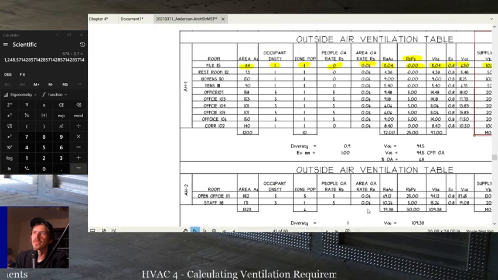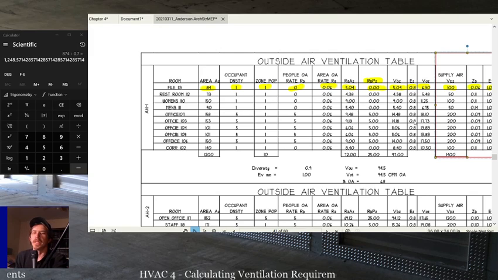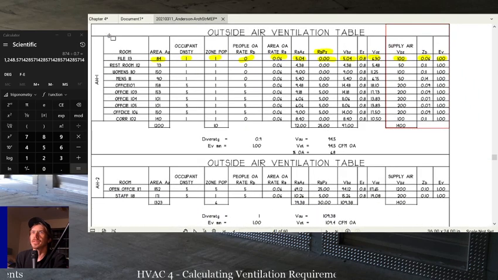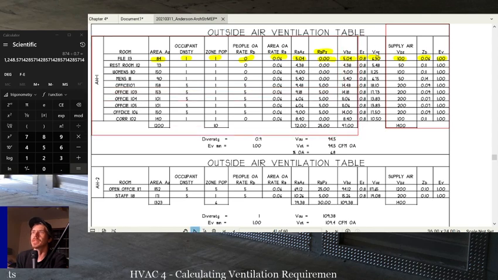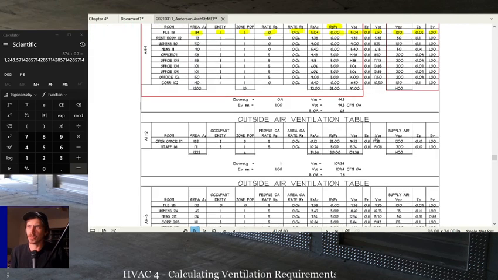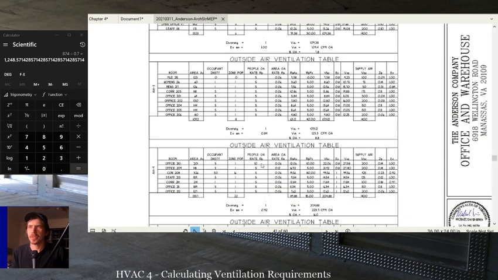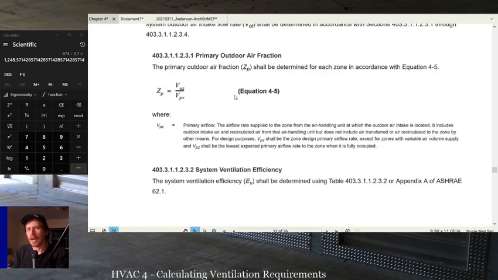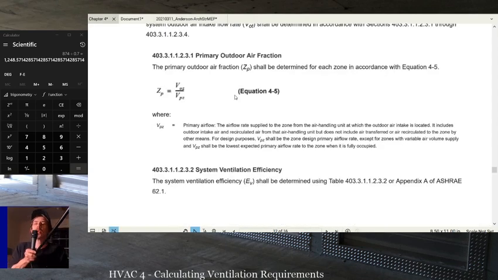But for the purposes of your exam, if you can get at least this far, you're in pretty good shape, and if you can get these last 2 numbers, you're golden. Everything else is for actually submitting to plan review. You won't need to do it unless you're going to design commercial buildings, so I wouldn't worry about it too much. So that is calculating outdoor air for any building or zone.